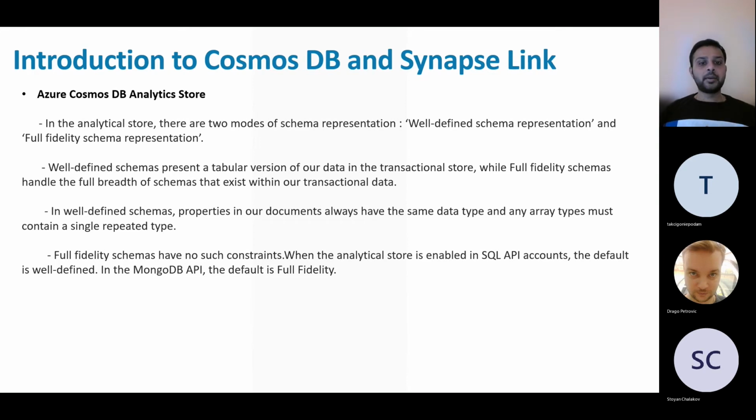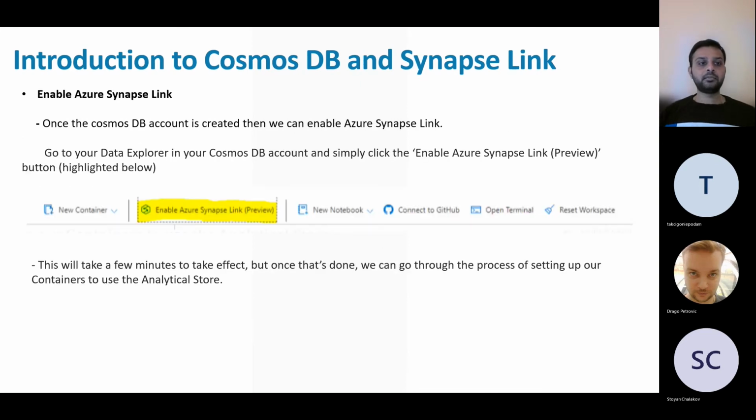In well-defined schema, properties in the document always have the same data type, and the array type must be a single repeated type. But in the full fidelity schema, you don't have any constraint. Basically, there is no restriction or requirement. So when the analytics store is enabled with the SQL API, the default mode is well-defined schema. And in the MongoDB API, the default is full fidelity schema.